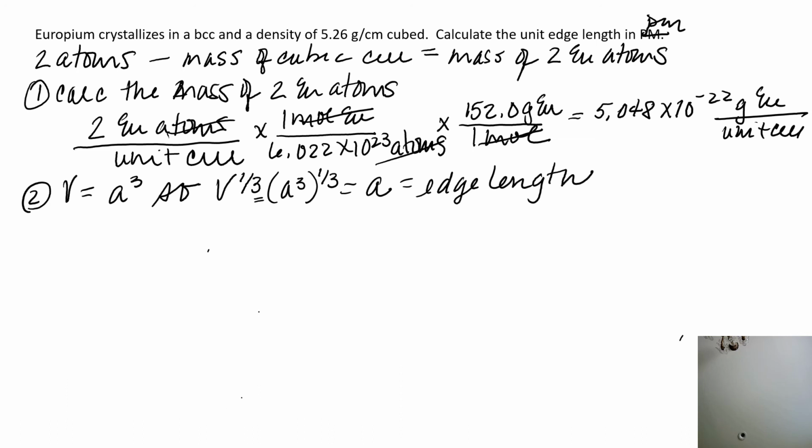Okay, we have the density. All right, so we have our mass of 5.048 times 10 to the negative 22 grams of europium per unit cell.